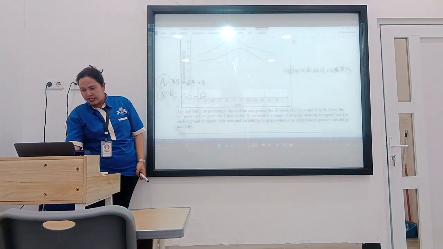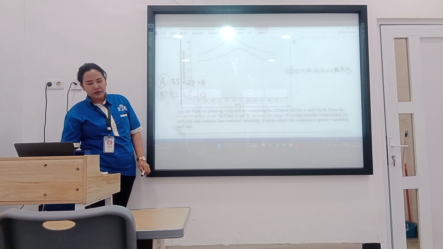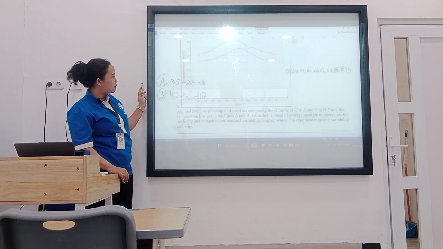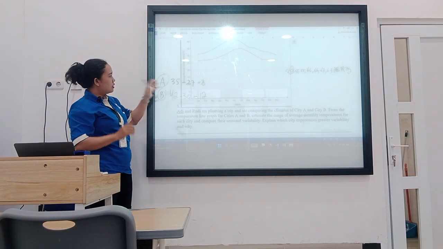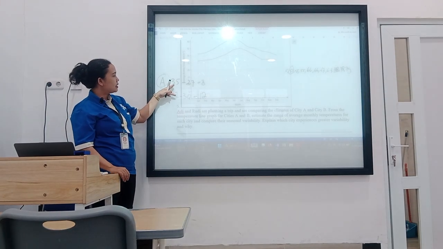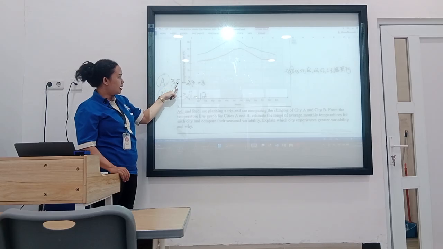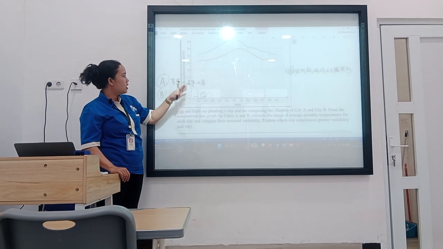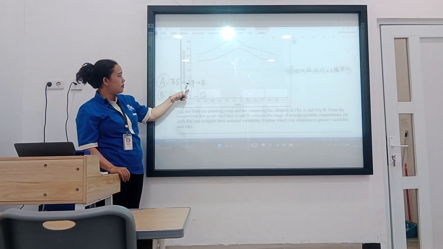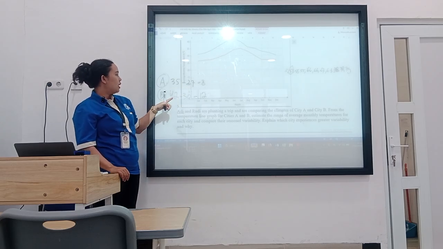Which city experiences greater variability and why? After we compare the range, the highest temperature of city A is 35. To find the range, we subtract the lowest temperature of city A, which is 27. City B has the highest temperature 42.